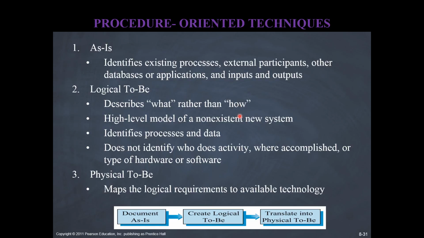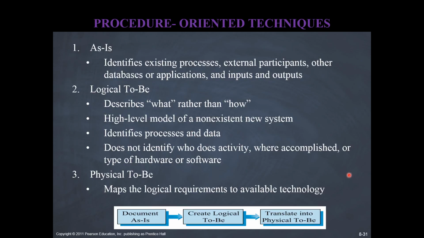So logical models concentrate on business understanding of the problem, rather than technological understanding of the problem. Logical models are also high-level models of non-existing new systems. In other words, they basically describe how a new system should be. They do identify processes and data, but again, they stay away from technology. They focus on organizational data and organizational processes.